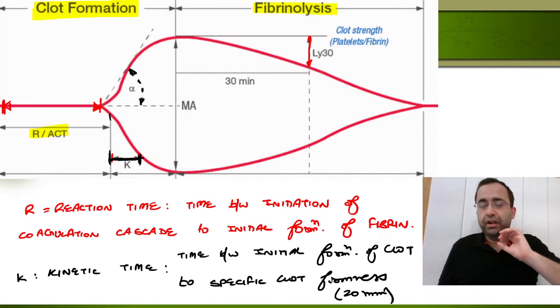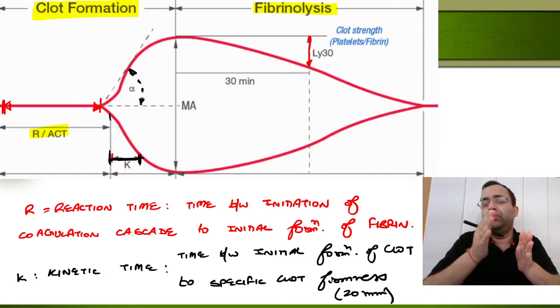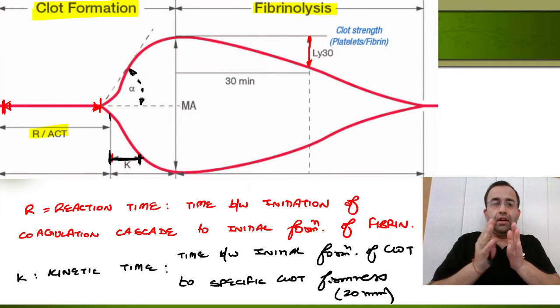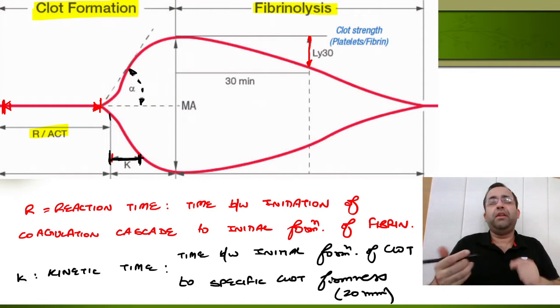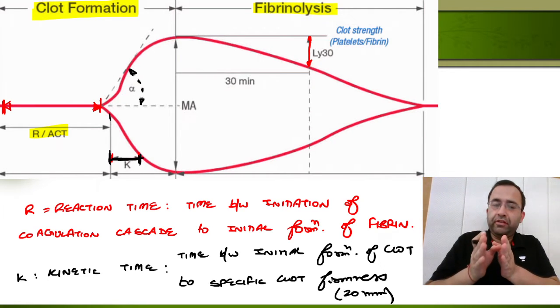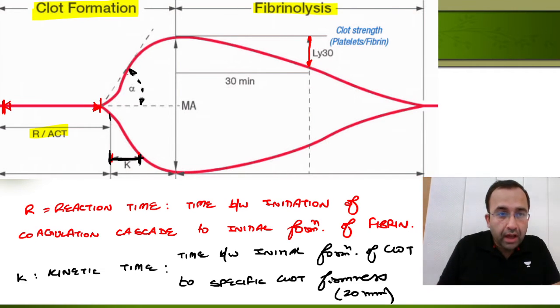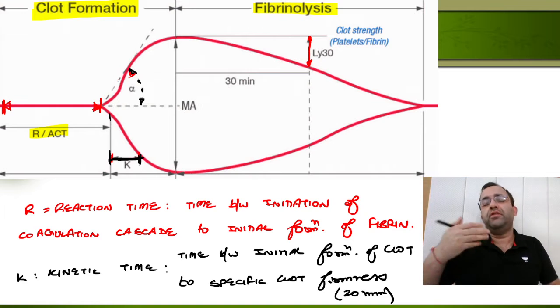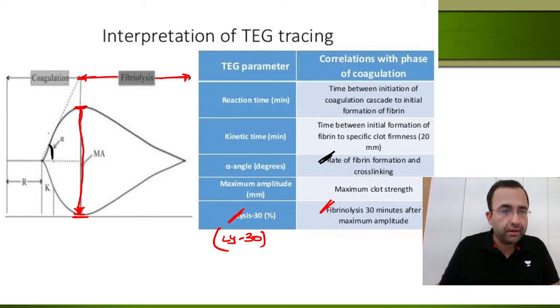So please have a very good look at this graph. Reaction time was initiation of coagulation cascade to initial formation of fibrin clot. After R came kinetic time, from initial formation of clot to specific clot firmness, taken as 2 centimeters. Alpha was the angle, telling us about the rate of fibrin formation.